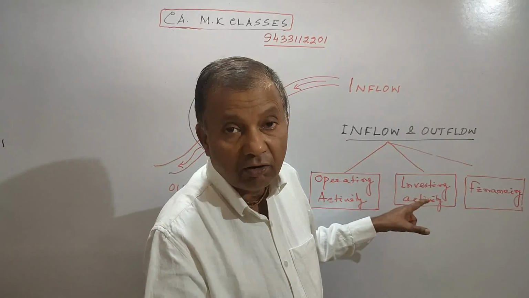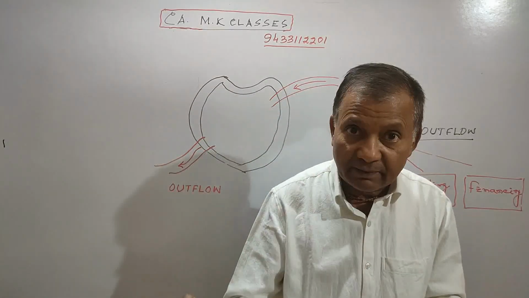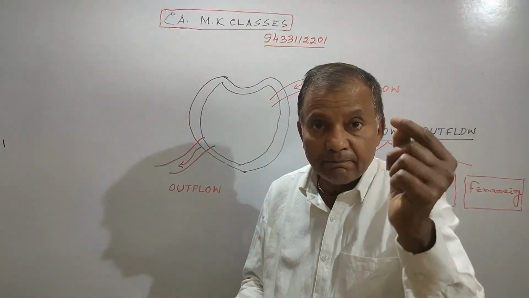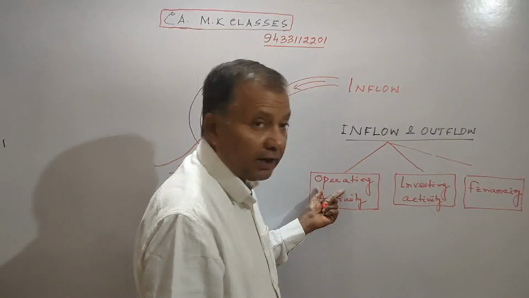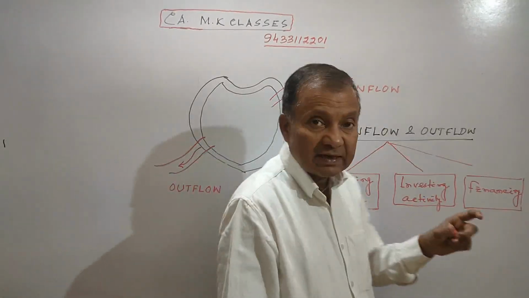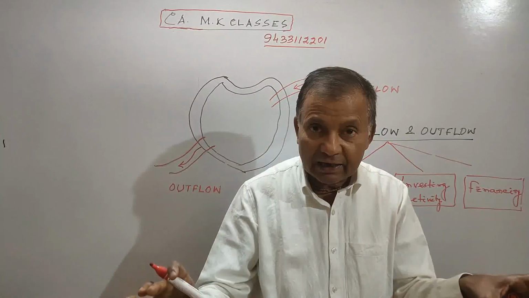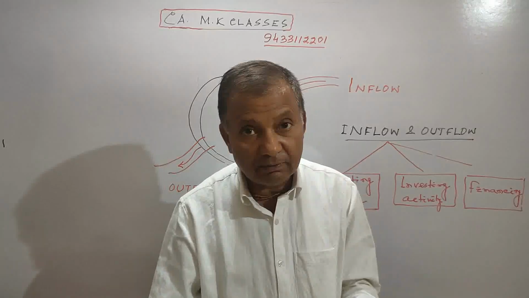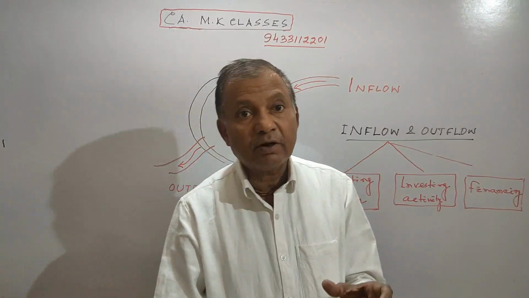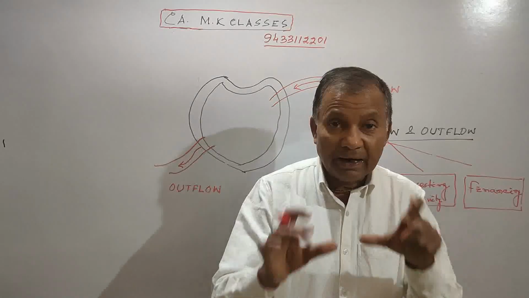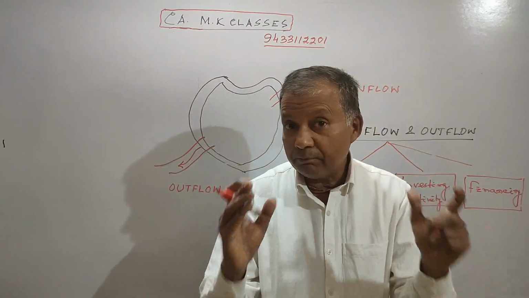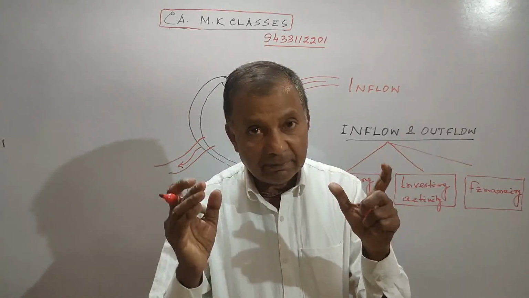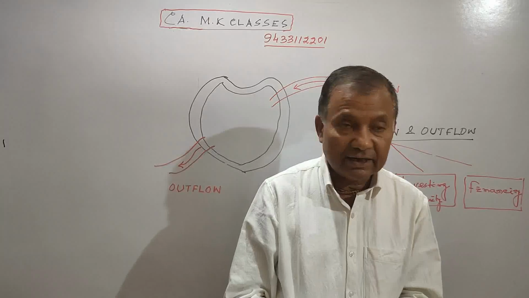Profit or loss on sale of investments is also taken, to find out the operating profit that is coming in operating activity. We shall come to that very clearly with the format, and you can also download the format with questions from the Telegram link. But before that, I will put before you the details of the format and explain the format of the cash flow statement.